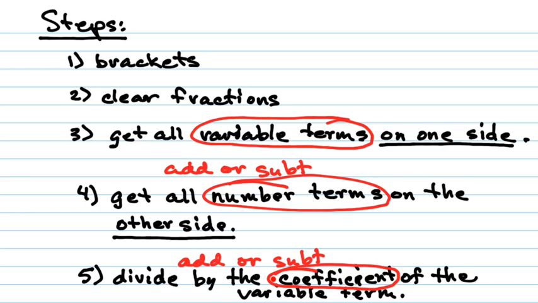All right. Now, I'm going to demonstrate this, model it for you. And when you do your Education Perfect work, if you want to type it in, that's fine. Just show your work. I want to see all of it.